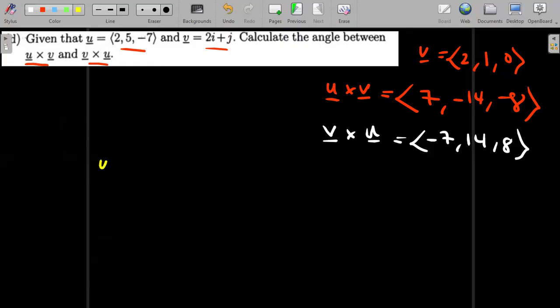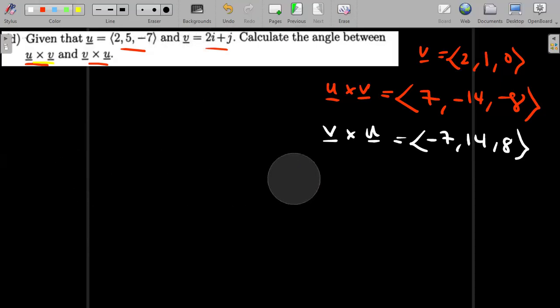So u cross v is just equal to negative of v cross u. So when you find the first vector, you can multiply by the negative to get the other vector.